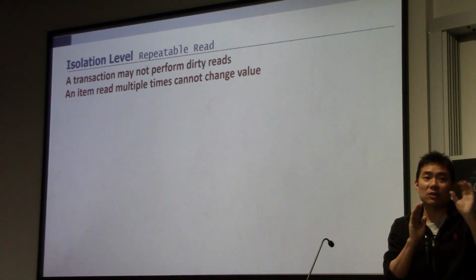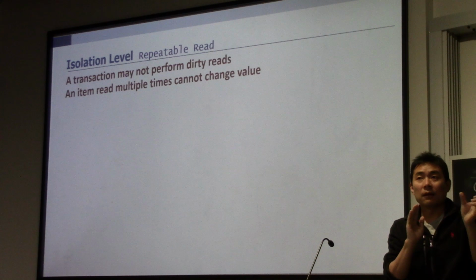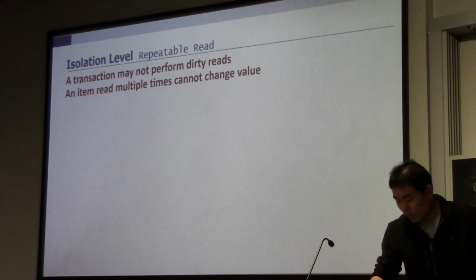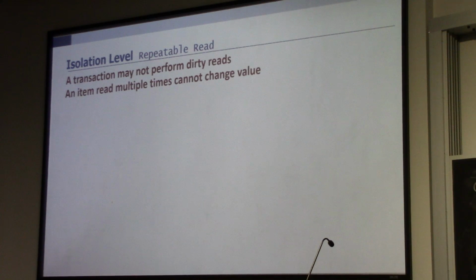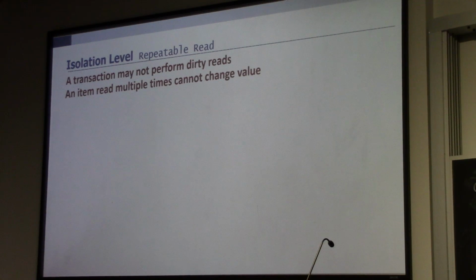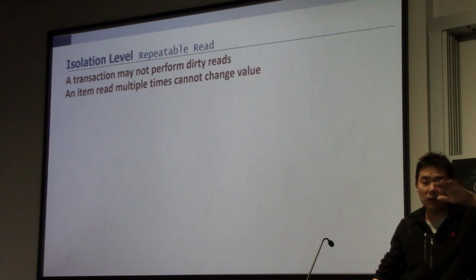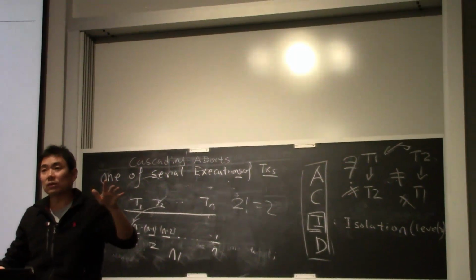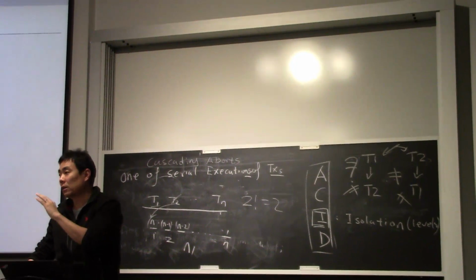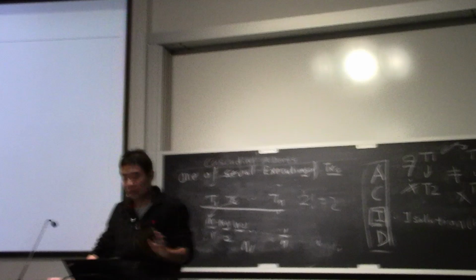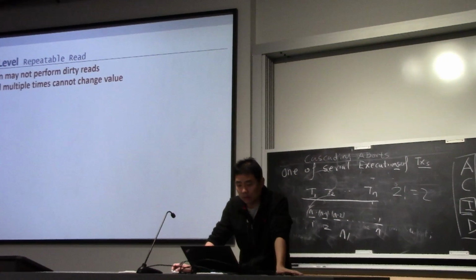So if you allow dirty reads to happen, that rollback, this is what we call cascading aborts. The rollback or abort of one transaction will lead to a sequence of rollbacks and aborts of other transactions that depend on one another. Okay? This is the problem with dirty reads.